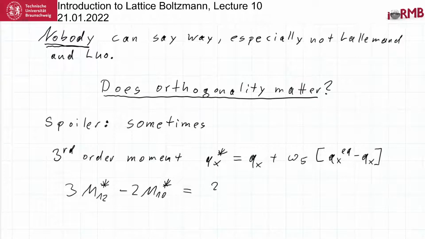So we have to do this on the other sides too. So we get here the pre-collision m3 times m12 minus m10 plus omega 5.